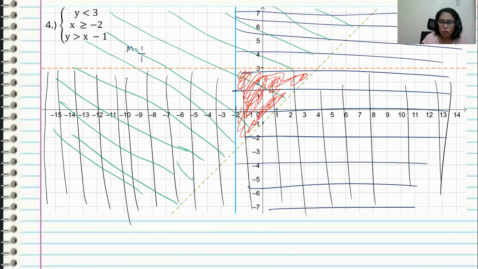Okay. Now, the origin is considered as one of the solutions for this inequality. If we're going to substitute 0 to x and y, we'll always come up with a true statement. Like here, we know that 0 is less than 3, so this is a true statement.